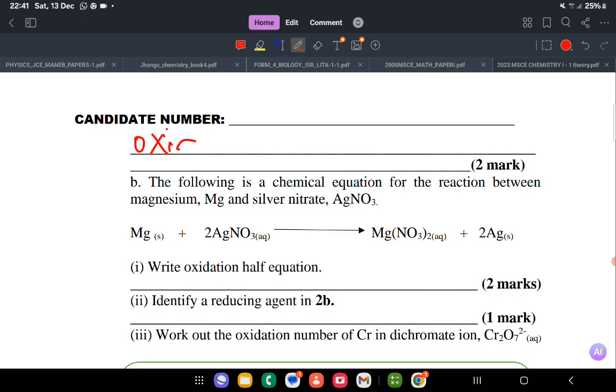So oxidation is the loss of electrons. That's 1 mark.